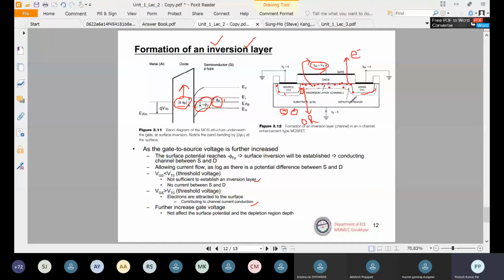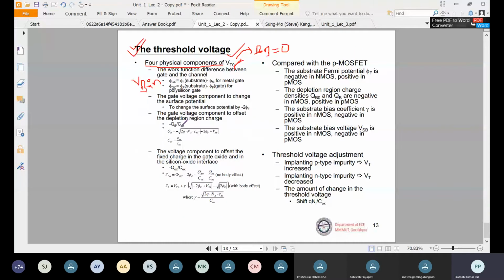So this gate voltage will be required to compensate the QB, meaning in the depletion region, if QB is the charge present because of these immobile charge carriers, and these are negatively immobile charge carriers, then we will require QB divided by the capacitance of the oxide.